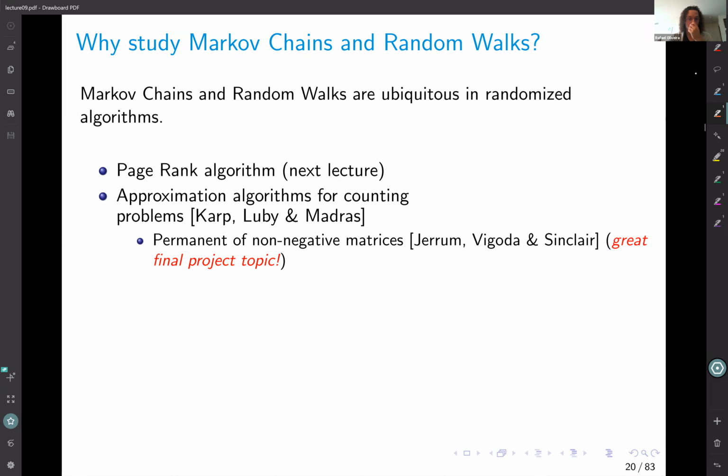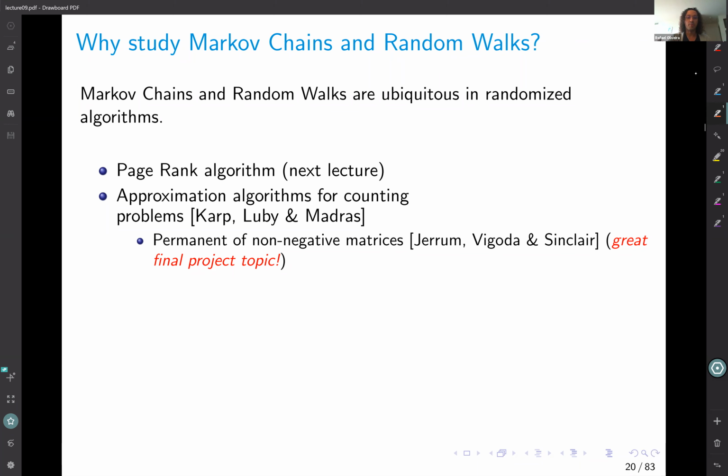Maybe I should say the PageRank algorithm is a random walk. There are some finer details on why it's not a Markov chain as I'm defining it here. You could define inhomogeneous Markov chains, but let's not get into much detail. They appear in the PageRank algorithm, which is quite useful.